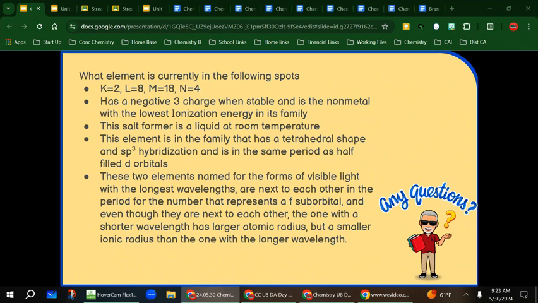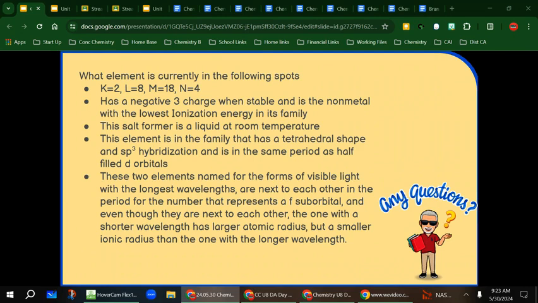And even though they are next to each other, that means literally they need to be side by side. Which one has the shorter wavelength? Orange has a larger atomic radius, but a smaller ionic radius than the one with the longer wavelength.